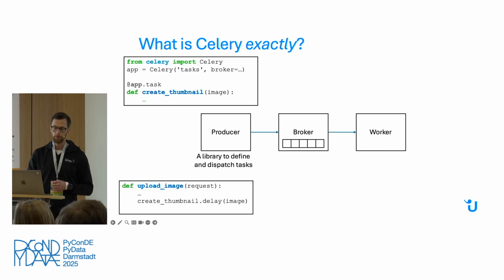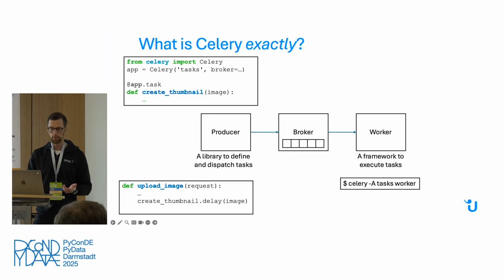Then to dispatch that task, you use the task object, that decorated function, and call delay on it, passing any arguments the function needs. Celery handles all the underlying magic of serializing the arguments and sending it to the broker and so on. Then on the worker side, it's a framework to fetch these tasks from the broker and execute them.